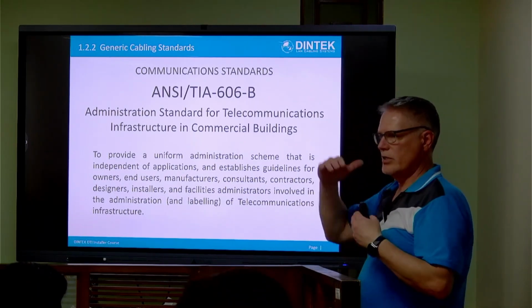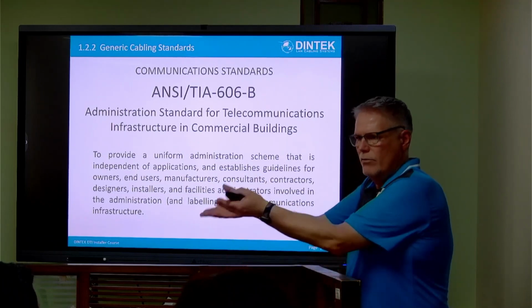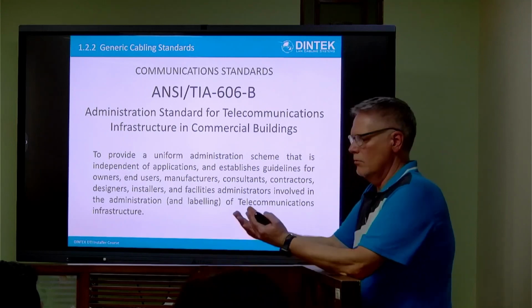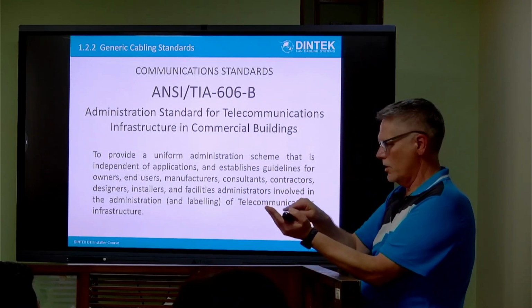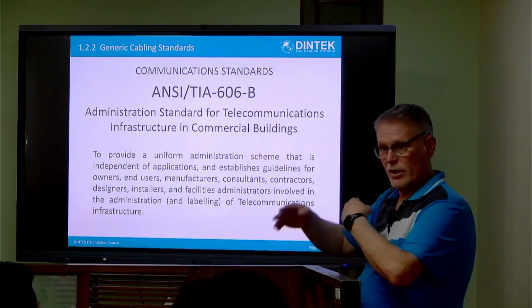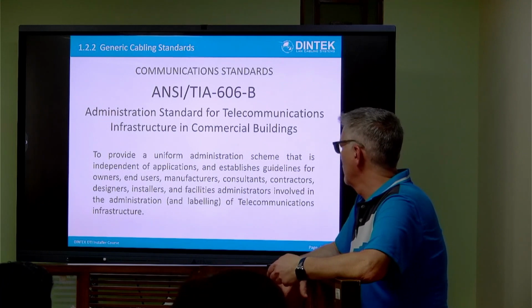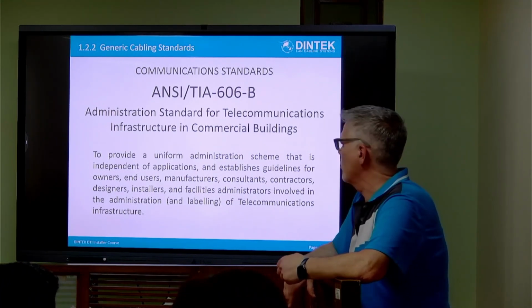And so it can be standardized, you can create documentation, then you can hand that over to your customer. And they can hand it to someone else who looks at it and says, right, this is following the 606, that means this goes to there. So they can apply the same standards to that administration system. But like I said, unless you're doing large scale installations, you probably won't come across it.